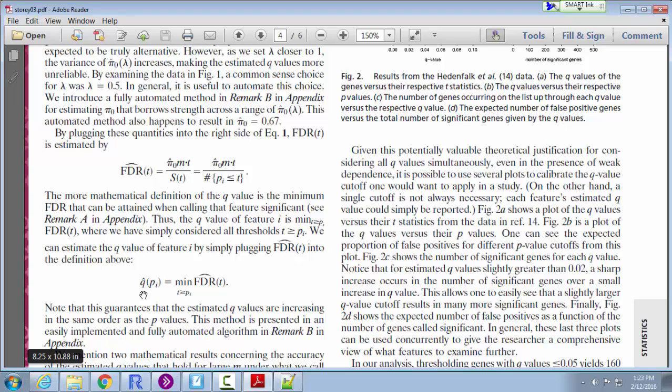And it will turn out that every feature that has a Q value less than, say, 0.05, if you pick those into your list, you will get to say the false discovery rate for that resulting list is 0.05. So for whatever p-value threshold you used, that corresponds to a false discovery rate. And all the features that got selected into your list would have Q values less than whatever the false discovery rate is.